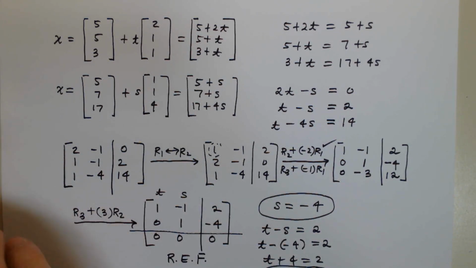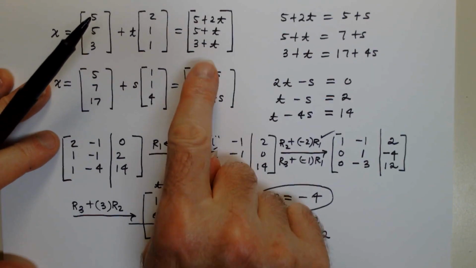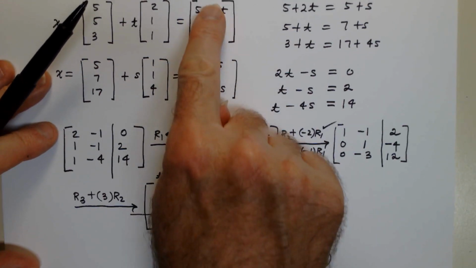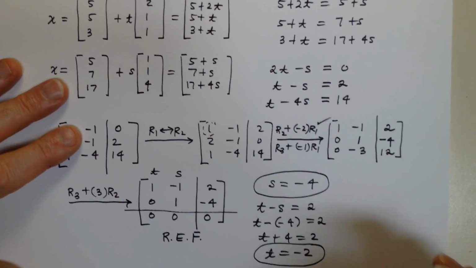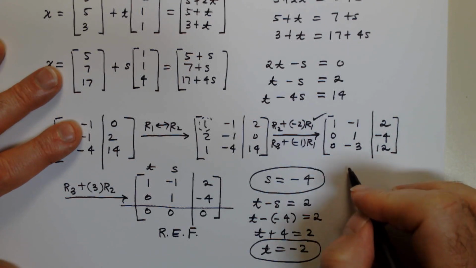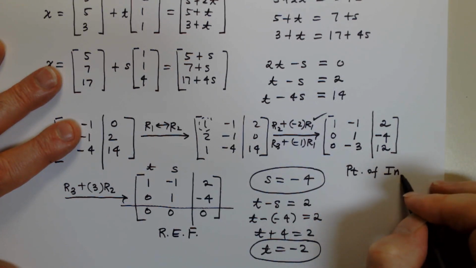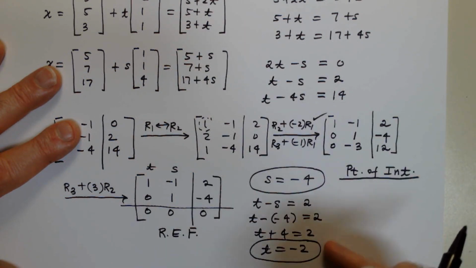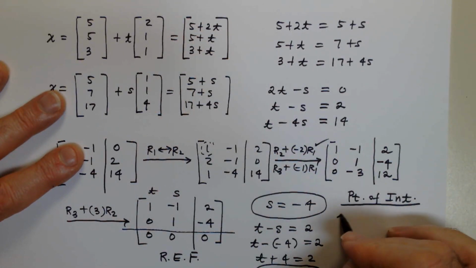So by taking, and it doesn't matter, by taking either T equals negative 2 or by taking S equals negative 4, you can plug them into either one of these vectors and you'll generate exactly the same point of intersection. So let's get that point of intersection. I'm going to just work with T equals negative 2 with this vector here.